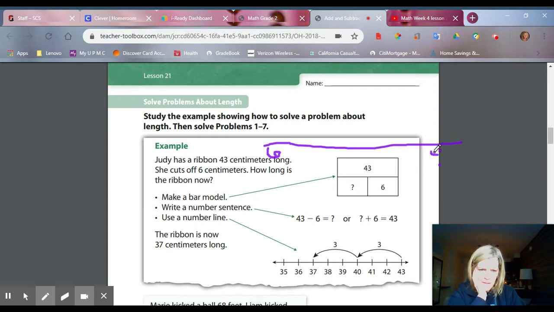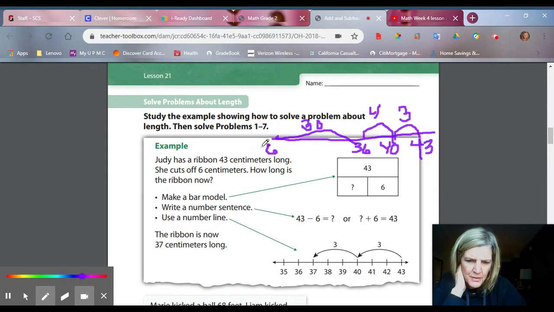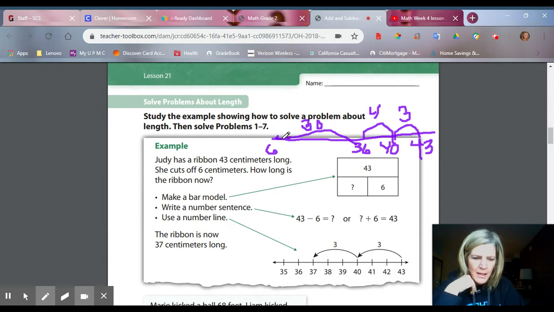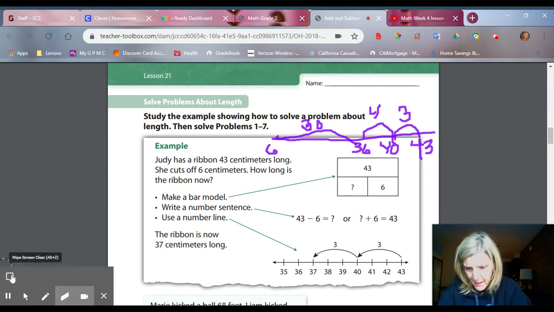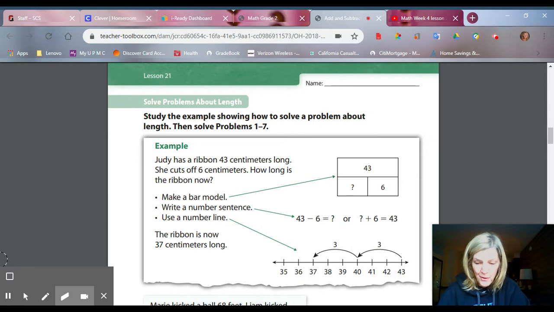All right, so I'd start at 6. Add 30, so you have 6 plus 30 is 36. Count up 36 plus 4 is 40. 40 plus 3 is 43. So you add 30 plus 4 plus 3, and again you get the answer as 37. So either method you use, the answer is going to be 37. You can use whichever you are most comfortable with. I just need to make sure I show you all different ways.